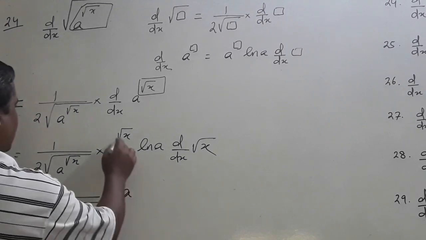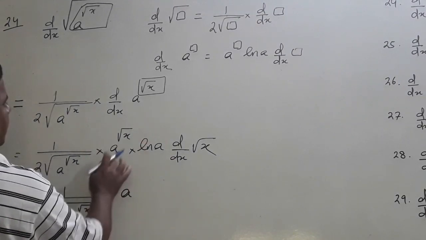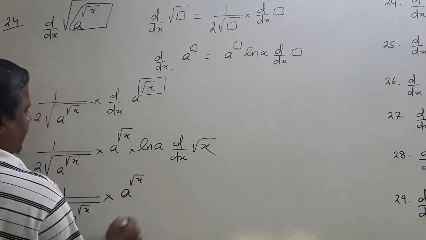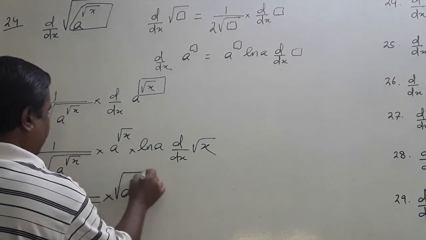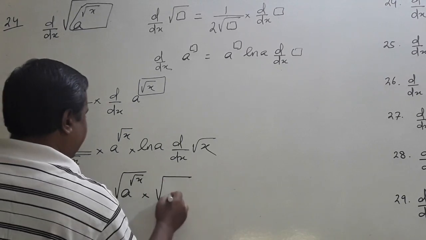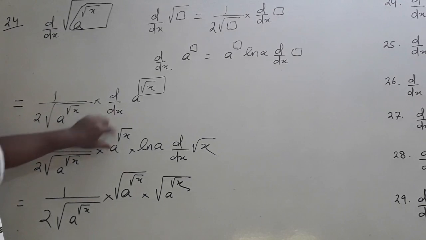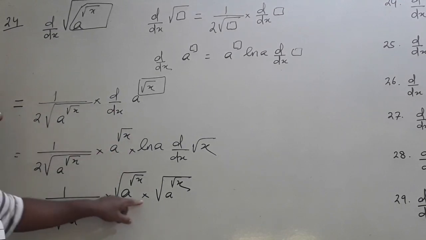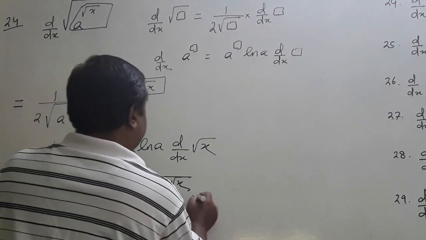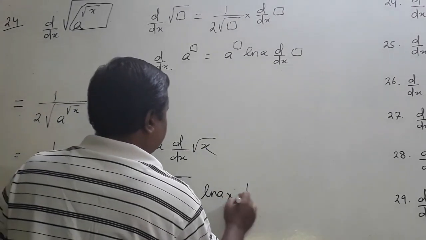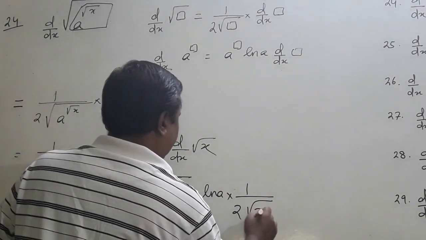Answer will be 1 by 2 root over a to the power root x into a to the power root x. Suppose this is y. I can write this root y into root y, again writing ln a, again writing derivative of root x, 1 by 2 root x.